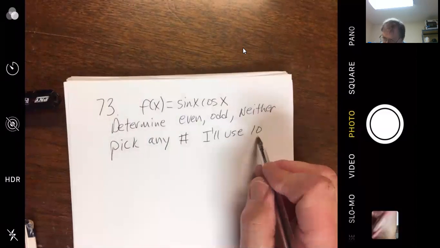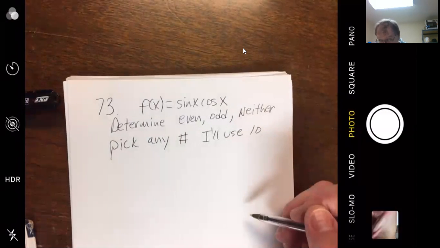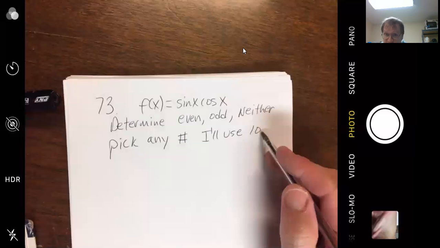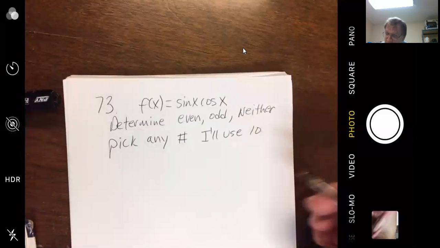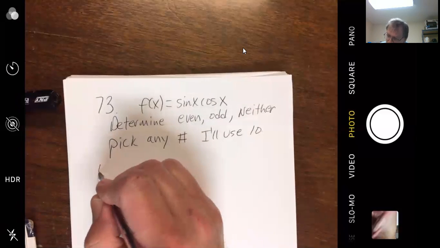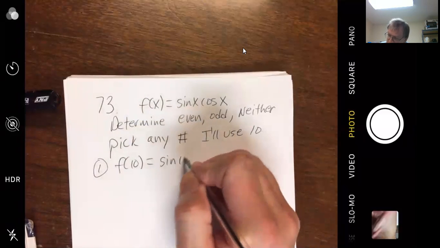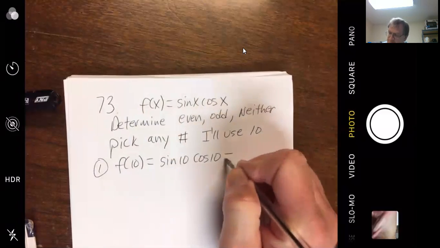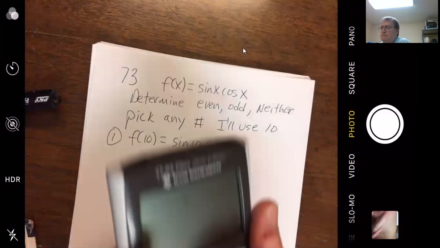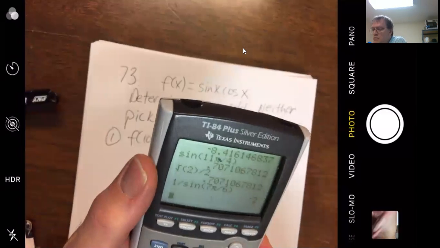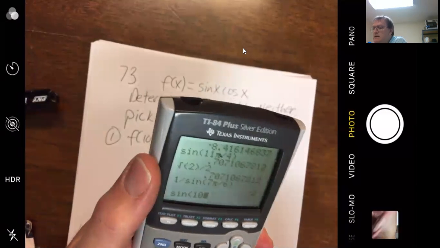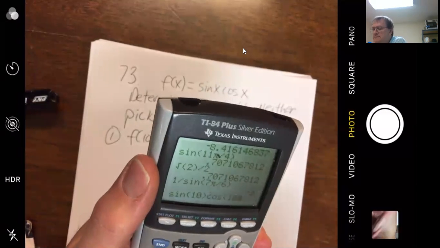Whatever number you pick, you need its positive and its negative, its opposite. So I need f of 10, sine 10, cosine 10.